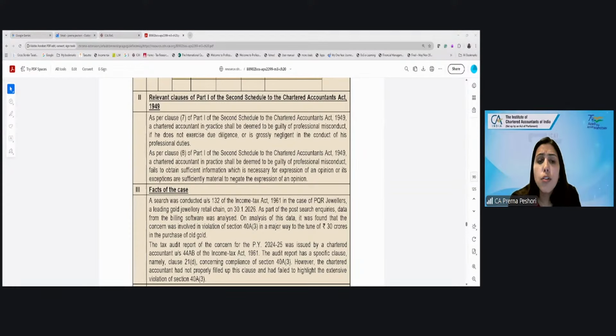Right? So you have to correctly write in the examination the correct referencing to the professional ethics, right? Which clause that you are referring to. Okay? Yes, any question, any doubt?